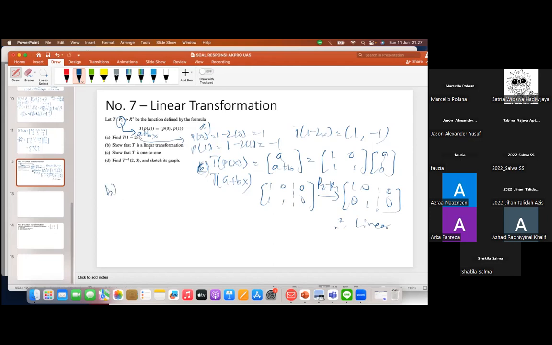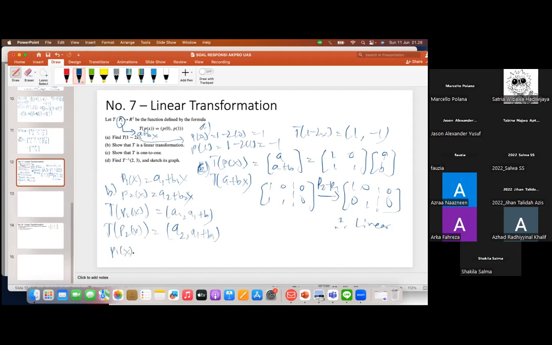Show that T is a linear transformation using the axioms. Let's say P1x is A1 plus B1x, and P2x is A2 plus B2x. Therefore, T of P1x is (A1, A1 plus B1). T of P2x equals (A2, A2 plus B2).